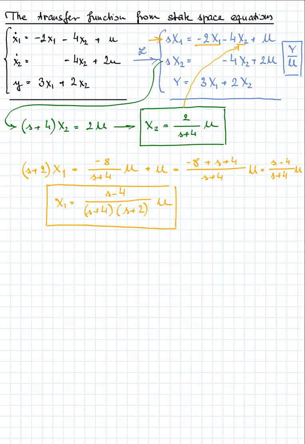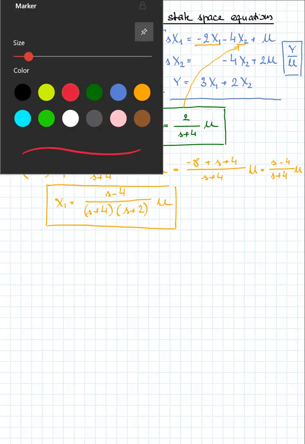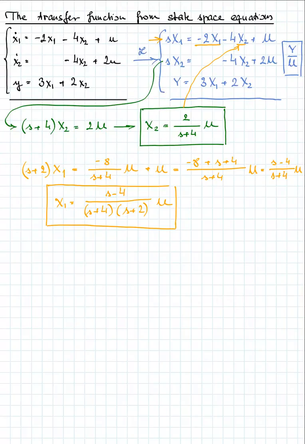So the first two equations have been solved. X1 and X2 can be expressed as fractions. The first is very simple, the second is a little bit more difficult, but each is multiplied by U, with expressions in the numerators and denominators. Now I'm going to use red to go to the last equation.